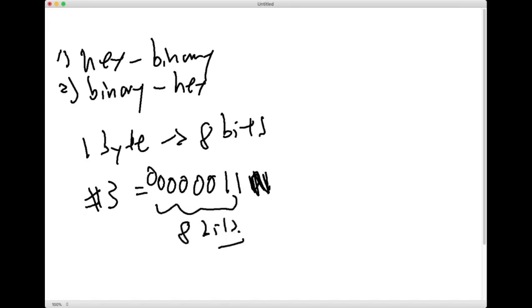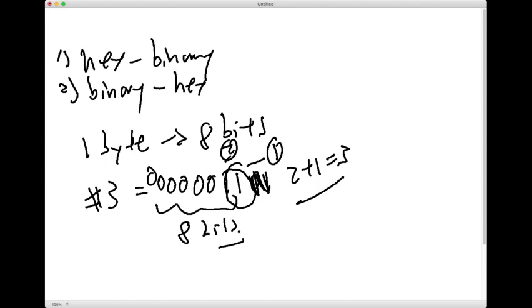And having the first bit and the second bit flipped on results in 3, right? Because the first bit is 1, second bit is 2. So 2 plus 1 equals 3. Now, all of that work just to represent the number 3. That's tedious. So how can we do better?